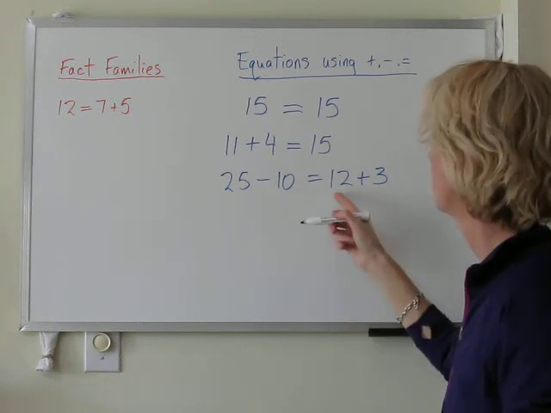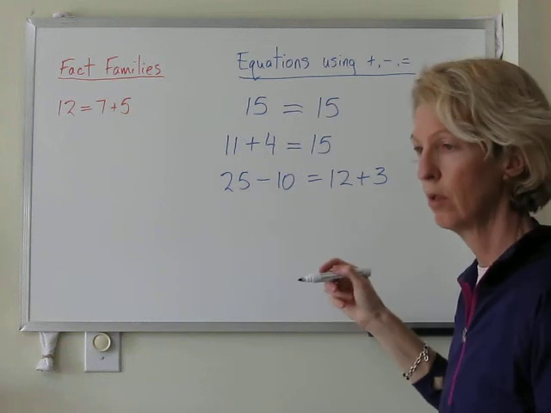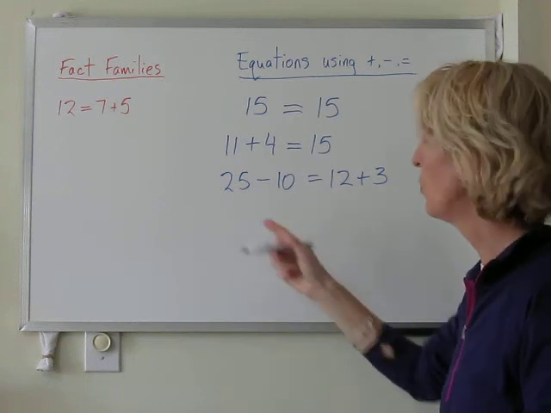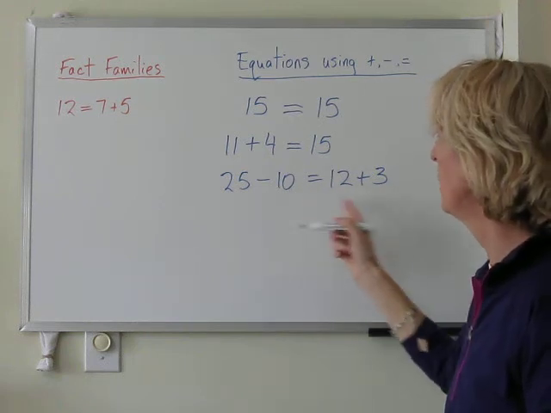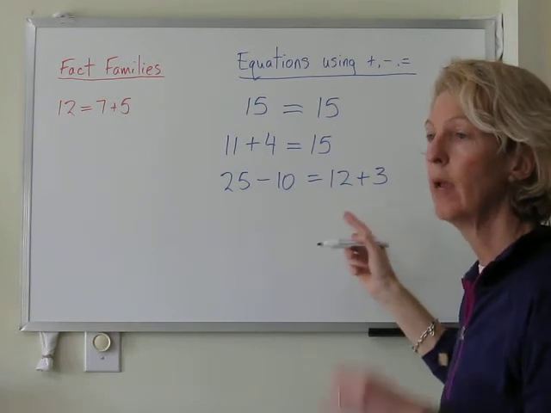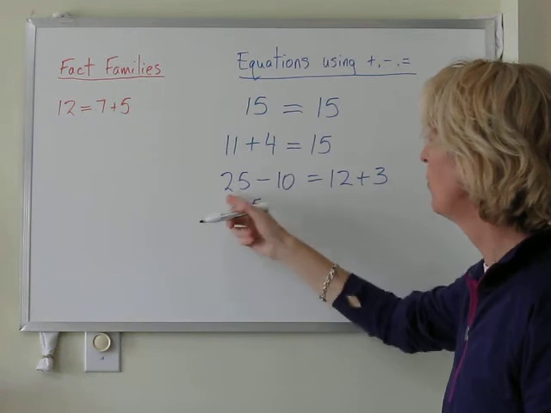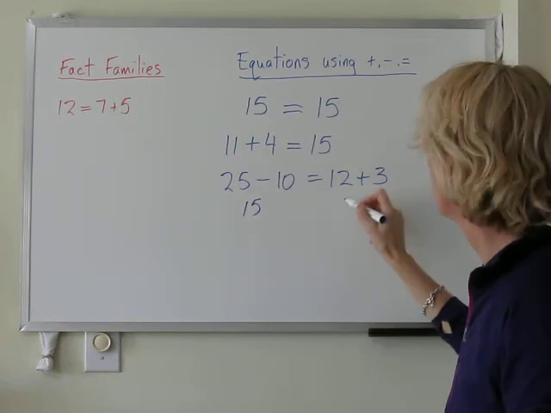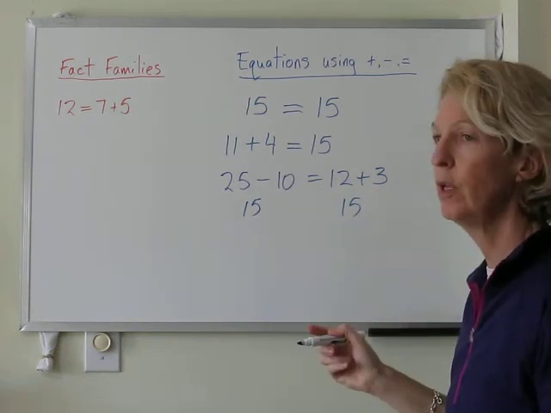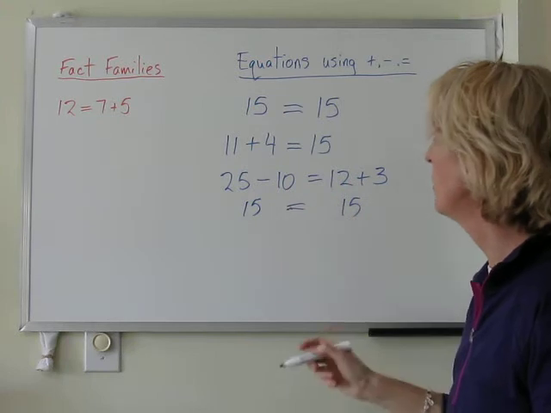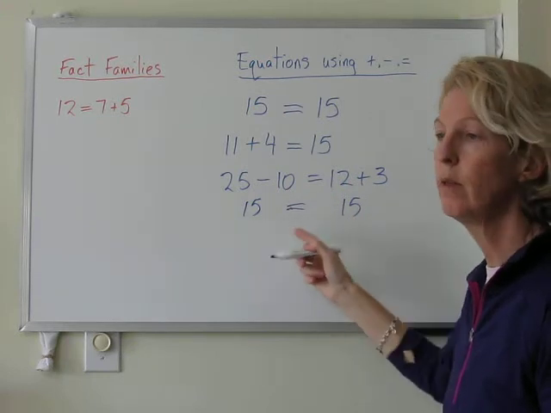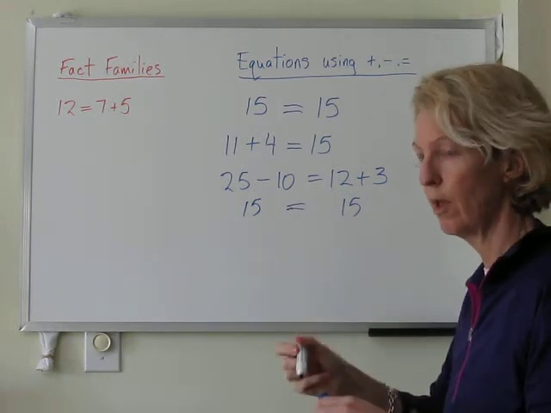And on this side, 12 plus 3 equals 15. So we still have 15 on this side and 15 on this side. And we checked our answer because we did the calculation. We figured this side out to be 15, and we figured this side out to be 15. We use our equal sign in the middle. One side is equal to the other side.